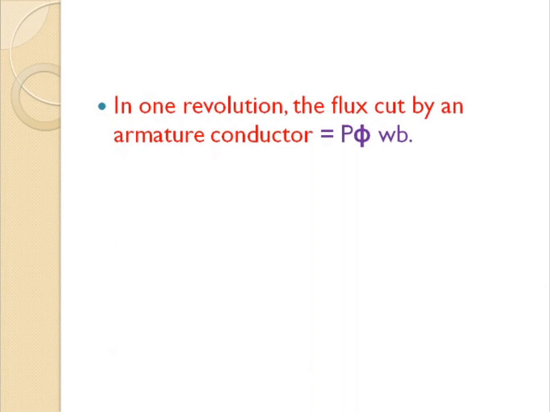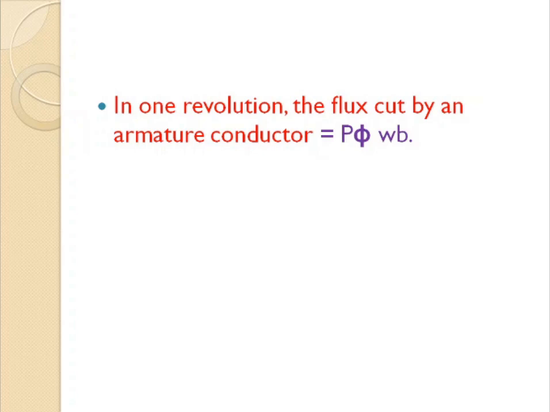In one revolution, that is in a complete revolution, the flux cut by an armature conductor is given by P, that is the number of poles, and the flux generated by each pole, that is phi.